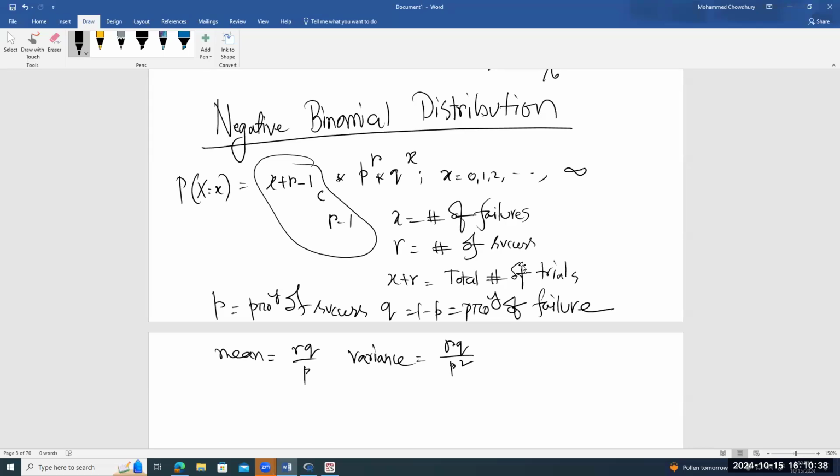How many failures? 13. Are you understanding? Instead of one success, if we are pursuing a specific number of successes, then it will be a negative binomial distribution.